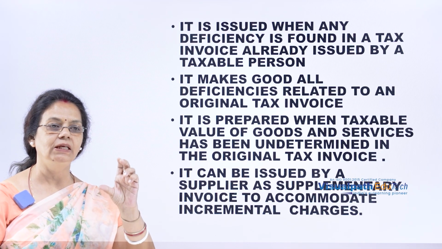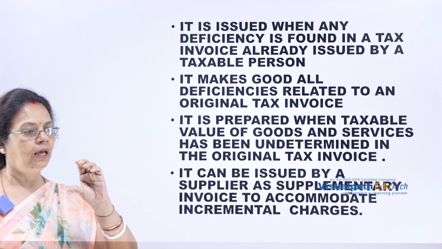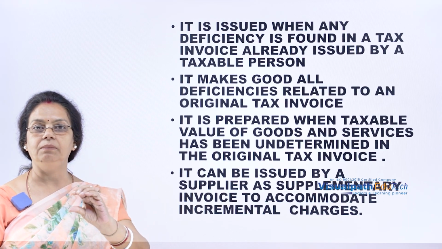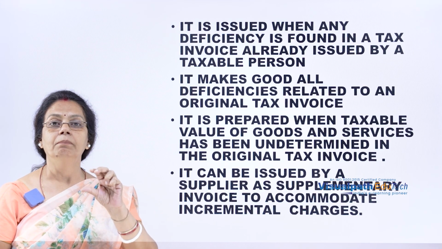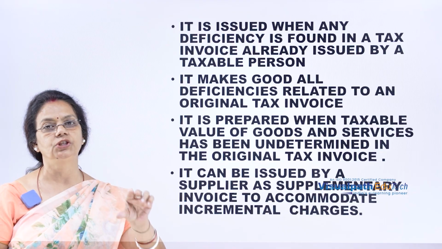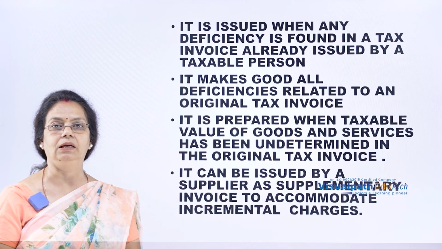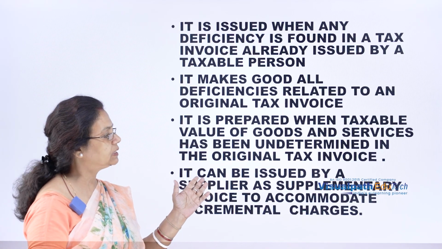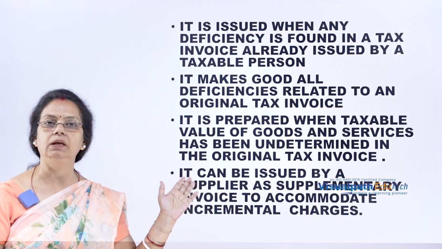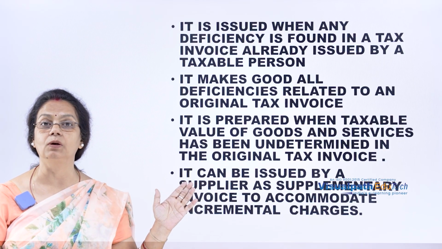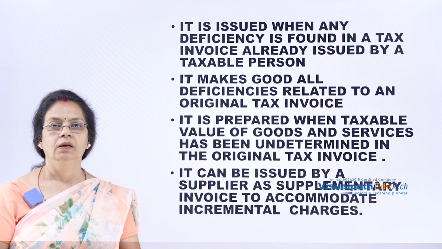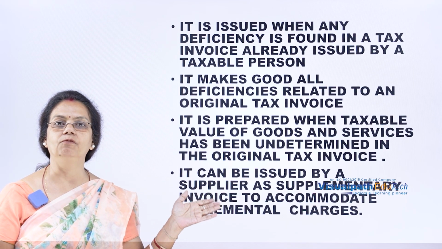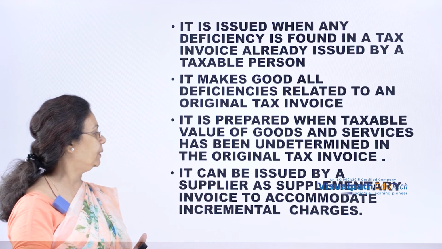Sometimes what happens is there is a mistake in writing, maybe in typing, but sometimes in the calculations also there is a mistake. So it is prepared in case of a mistake in the calculations also. This type of supplementary invoice has to be prepared.